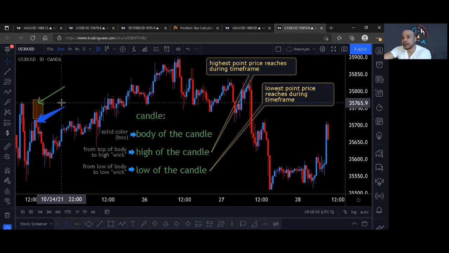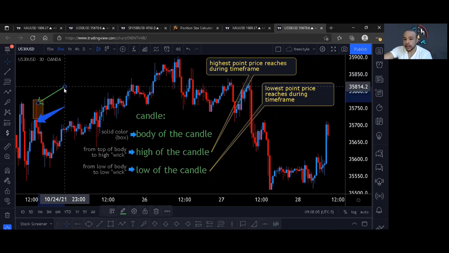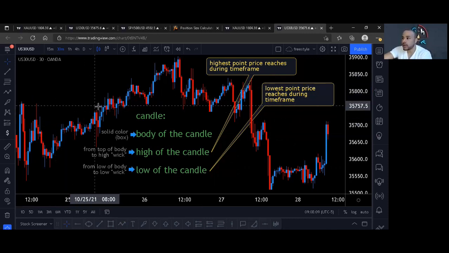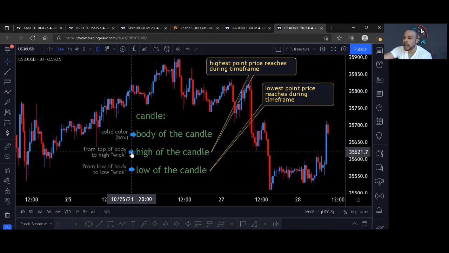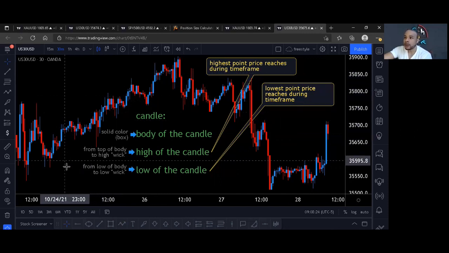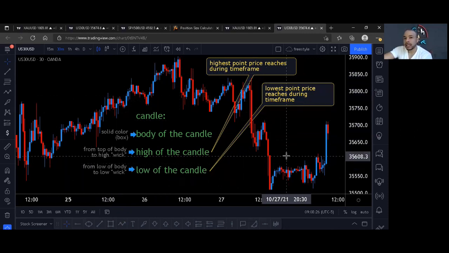That's the top of the wick, but it's not the close of that candle. And so for me, when I'm reading candles, the wicks will tell you where price decided to stop and come back down, or where price stopped and decided to go back up.